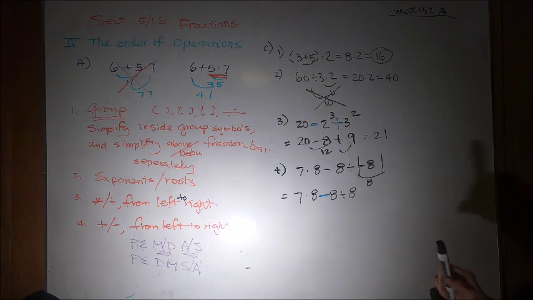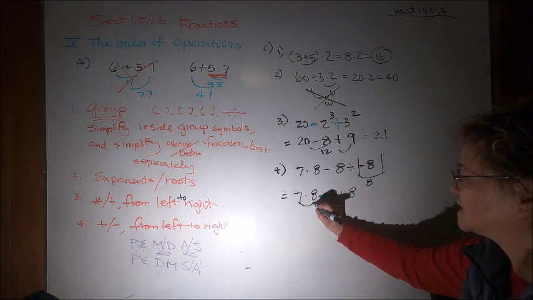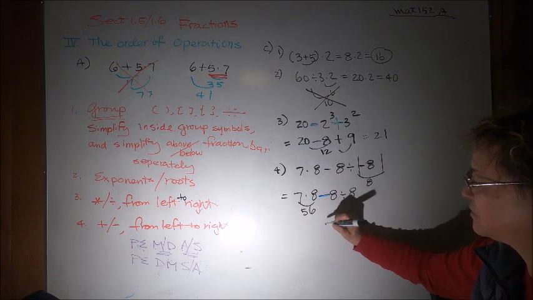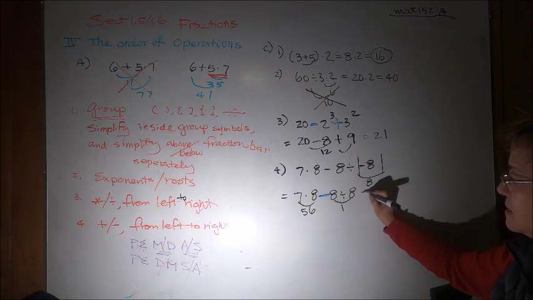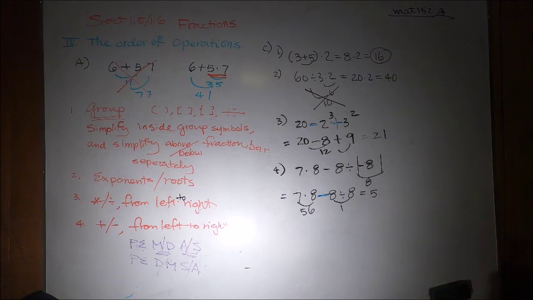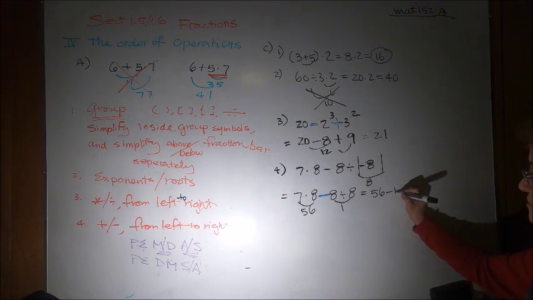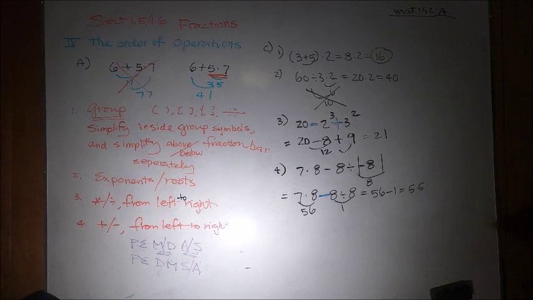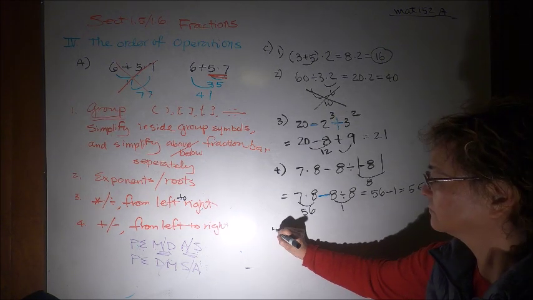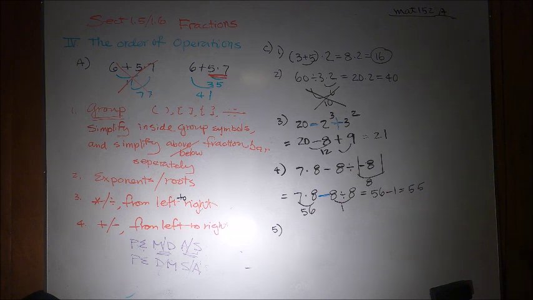You have to do those parts first. So 7 times 8 is what? 56. 8 divided by 8 is what? 1. So you will have 56 minus 1. Answer is 55. Are we okay?